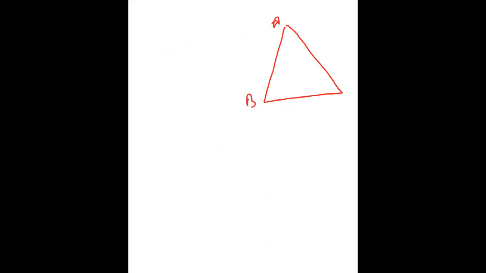This is the triangle A, B, C with coordinates x1, y1, z1, x2, y2, z2, last is x3, y3, z3. So when we need to think about the centroid, we know what is centroid.